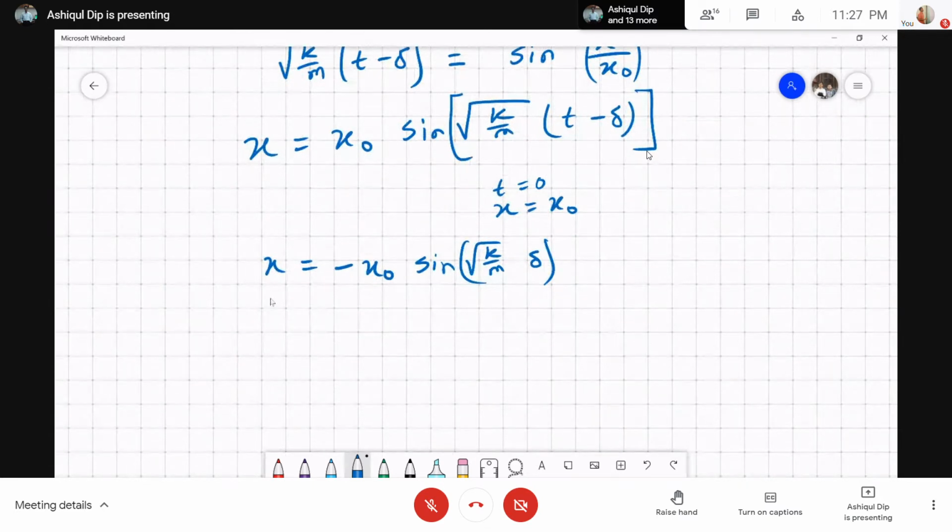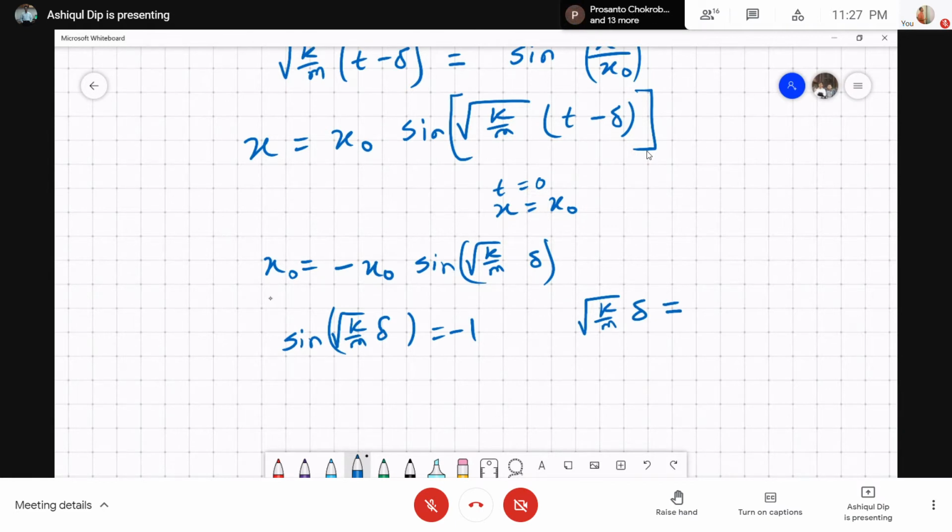So at initial data, x equals x naught, so you have sine of square root k by m into delta equals to -1. So what is sine inverse of -1? Minus pi by 2.